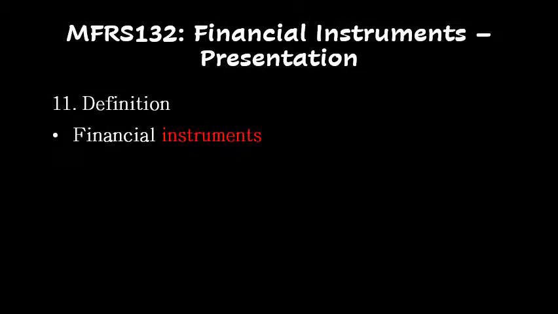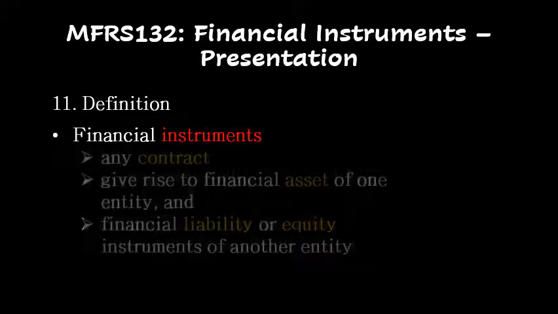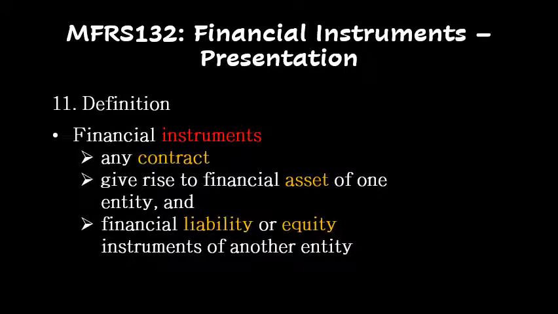For definition, we will need to refer to MFRS 132 Financial Instruments Presentation. Before you look at the definition of financial liability, let us first understand financial instrument. Three keywords to remember. Any contract, this means that it should be binding either in writing or orally.